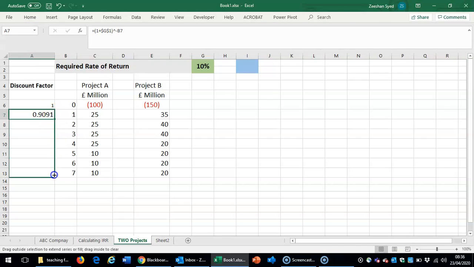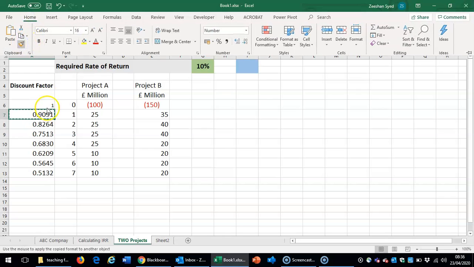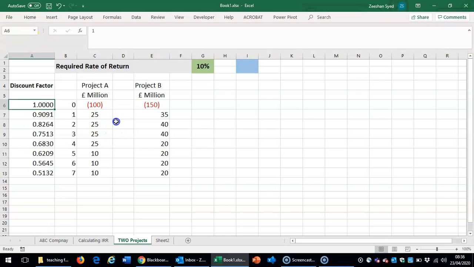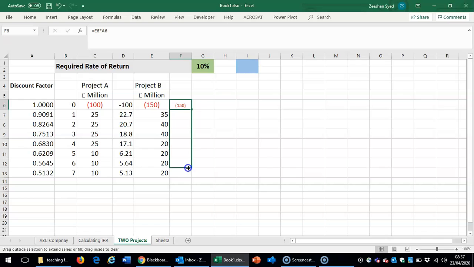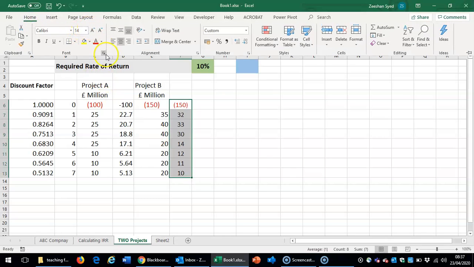Perfect. Now what we have to do is simply this multiplied by this. Drag it down, and so this multiplied by this. One thing I omitted before, it doesn't make any difference, but still I'll just show you.